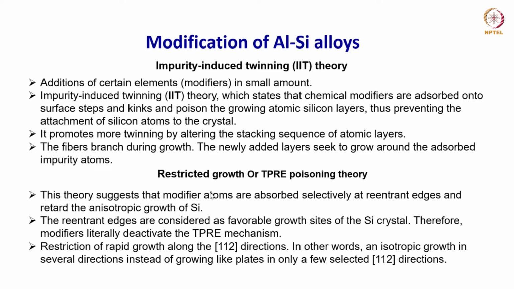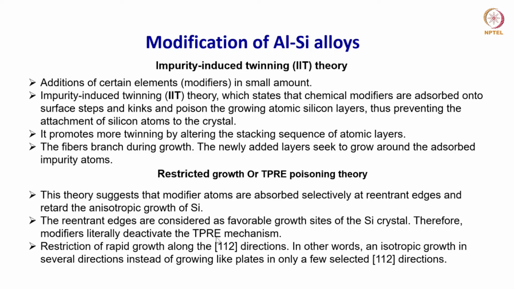So now that these reentrant edges are already occupied, it will prevent the further attachment of the silicon atoms along these reentrant edges, and therefore it will retard the anisotropic or the preferential growth of silicon in a particular direction. So that's what the meaning of poisoning here. It means that it will poison the sites at which the silicon prefers to attach. Okay.